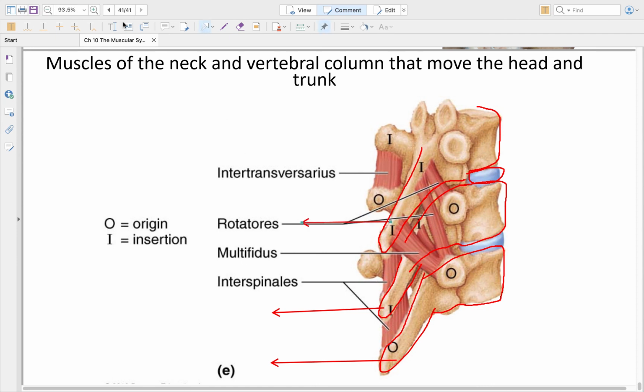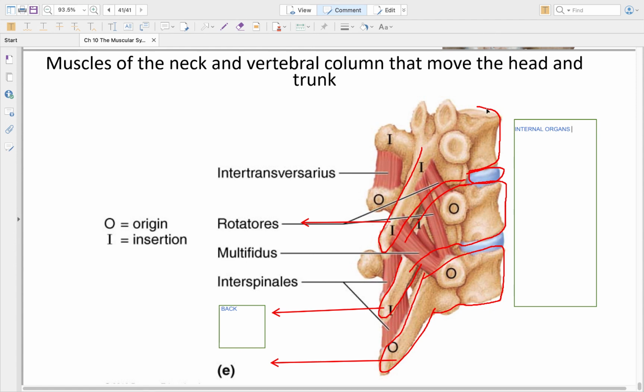So this side, where I have my arrows here, is your back. This side, of course, would have your internal organs, depending on which part of the body would tell us which part we're in.